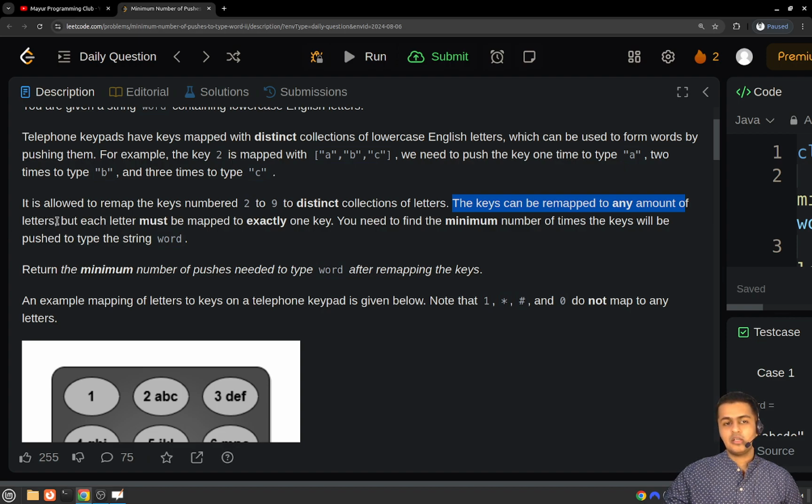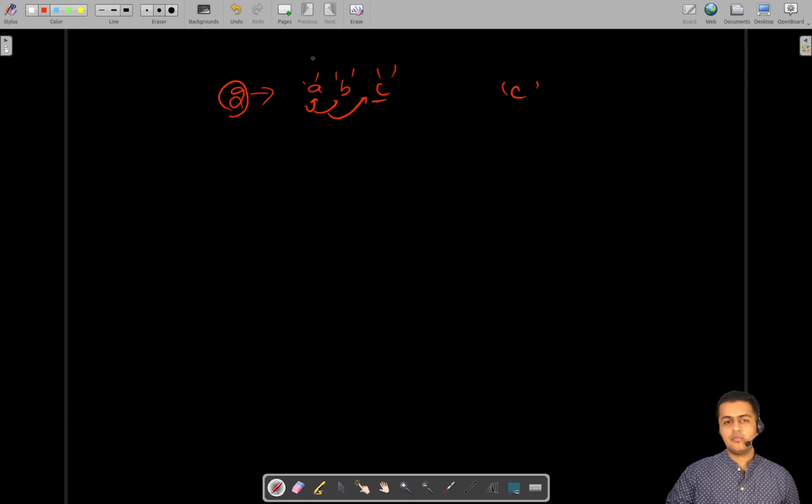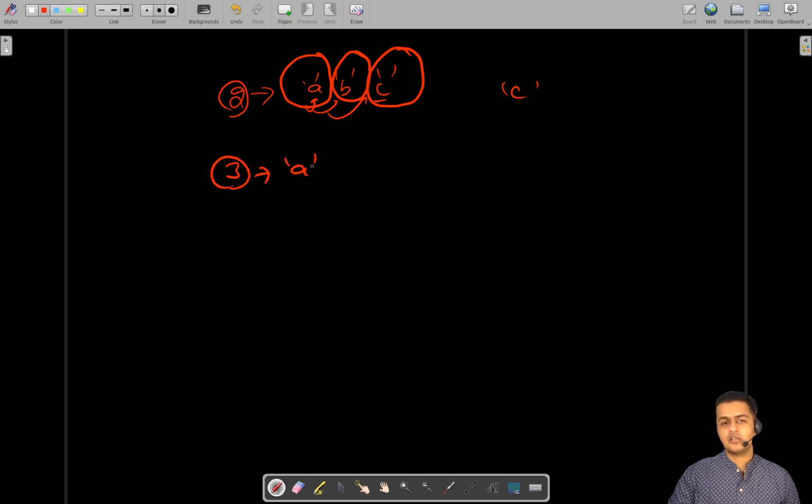But each letter must be mapped to exactly one key. By letters it is saying that these alphabets should be mapped to only one key. It means that it cannot happen that 3 is also having A in it, because otherwise A is mapped to two things, one is 2 and one is 3.